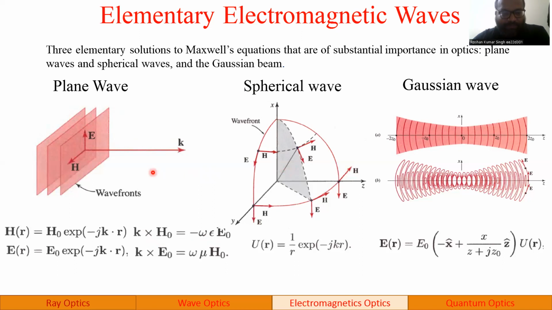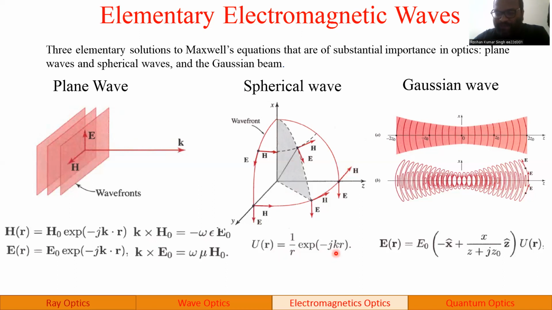Second, the wavefront is a plane: the locus of the wavefront at the same instant of time is a plane. In a spherical wave, the wave propagates in the radial direction, and the amplitude equation goes as 1 by r with the phase value.